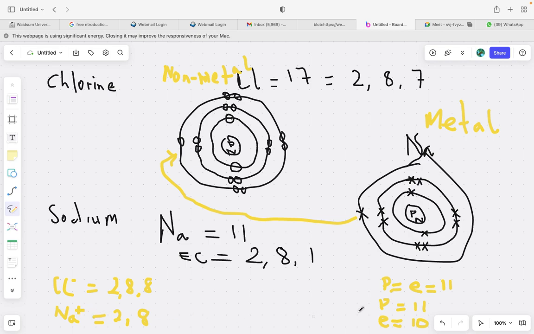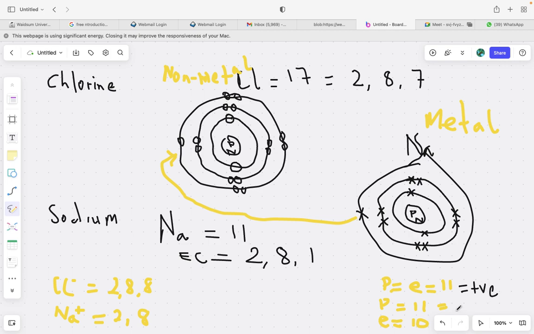I'm explaining why we have this plus on top of the sodium ion. Why is it positive? Because it has lost 1 electron. The number of electrons is now 10, no longer 11, but the number of protons is still 11. Proton is for positive, electron is for negative.